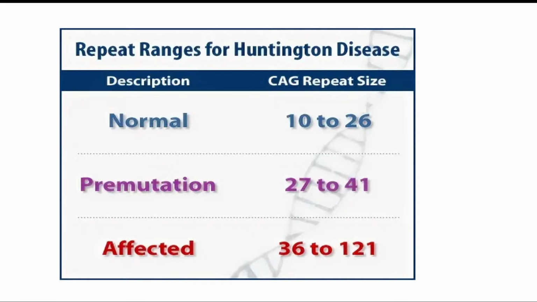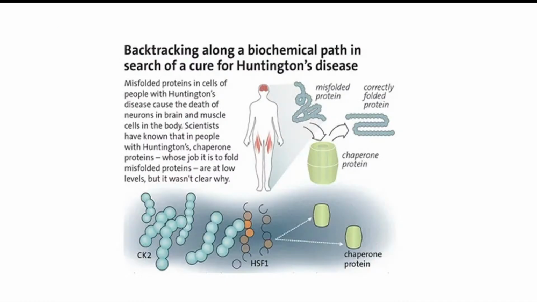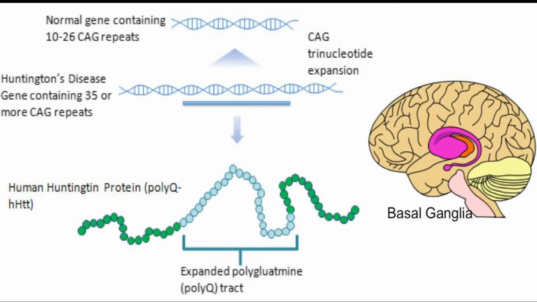So the reason is the increasing of CAG repeats from 36 to 121. As a result of this mutation, the polyglutamine number increases in the human Huntington protein.